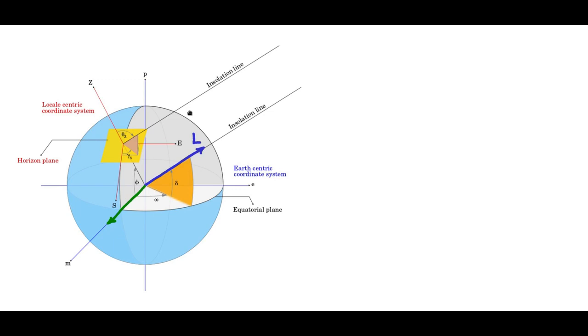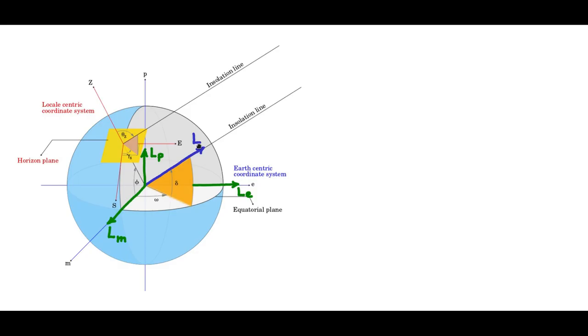So let us say along the meridional axis it gets resolved as Lm, along the east of the meridian axis as another insolation vector, which we'll call Le, and one along the polar axis, which we shall call Lp.